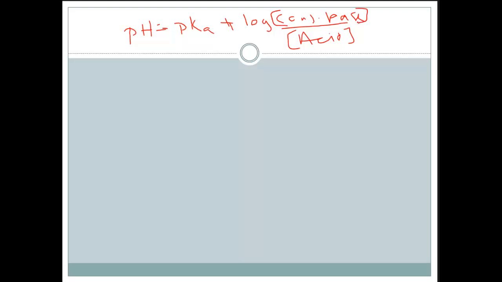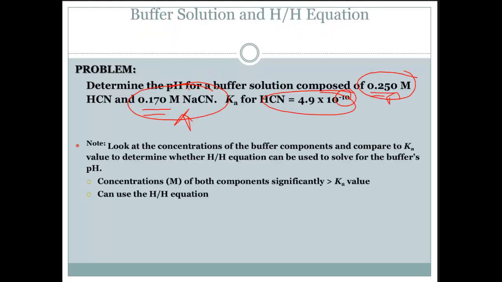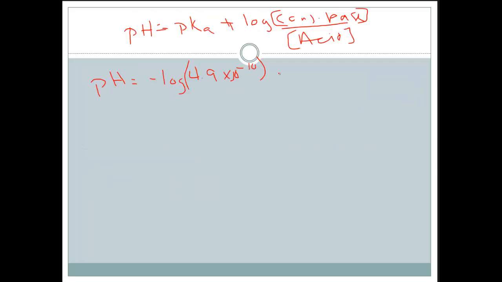So pH is equal to the negative log of the Ka, which is 4.9 times 10 to the negative 10. We got that from the problem right here. Plus the log of the conjugate base, which is 0.170, over the acid, 0.250.